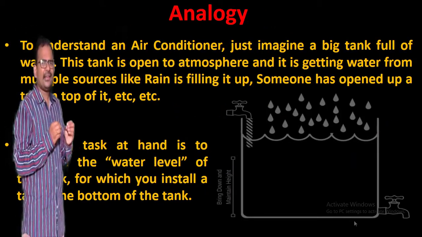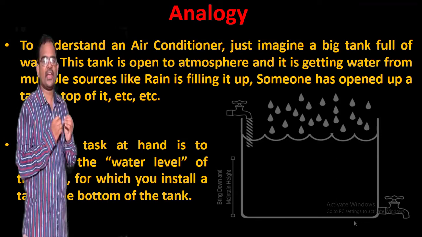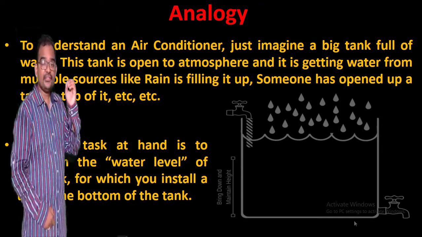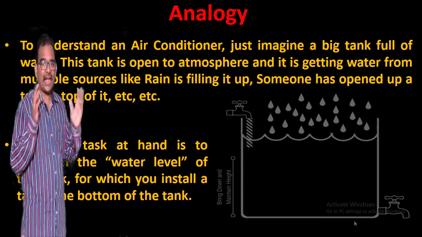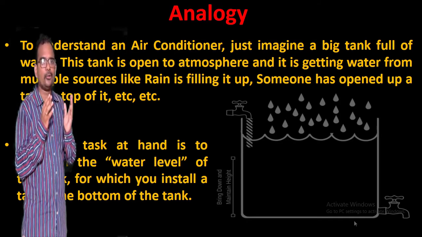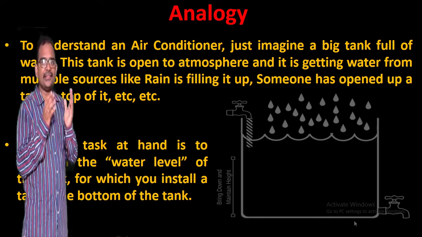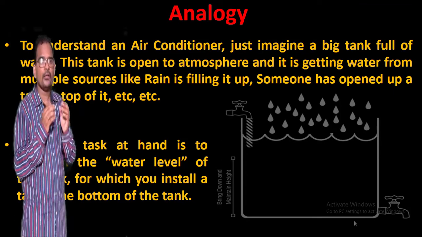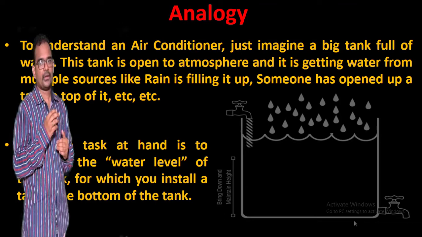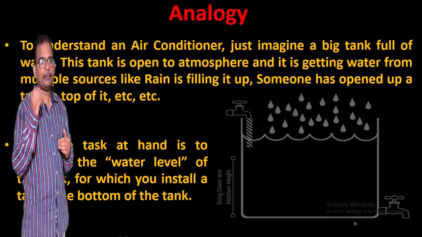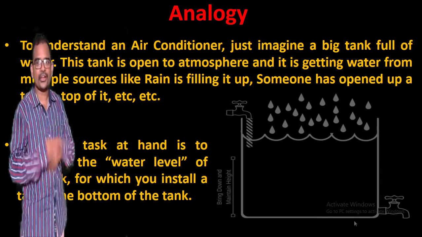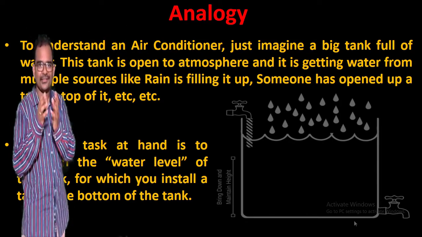Now let's see the analogy to understand the functioning of an air conditioner. To understand an air conditioner, just imagine a big tank full of water. This tank is open to atmosphere and it is getting water from multiple sources, like rain filling it up, and someone has opened a tap on top of it, etc. There are multiple options for filling this tank.